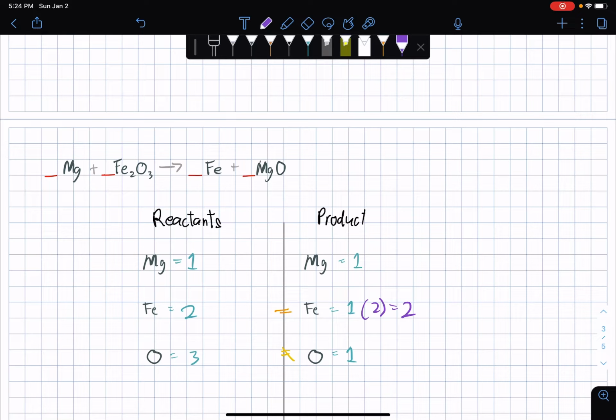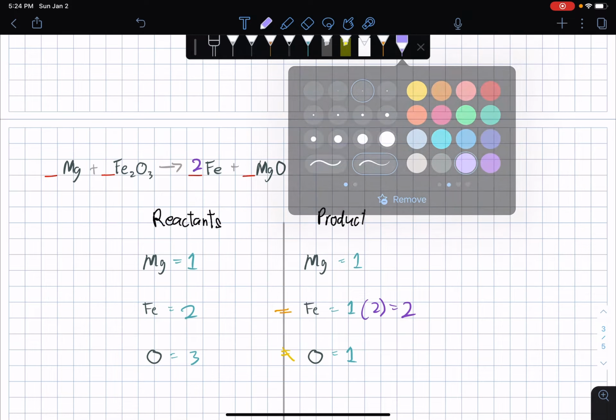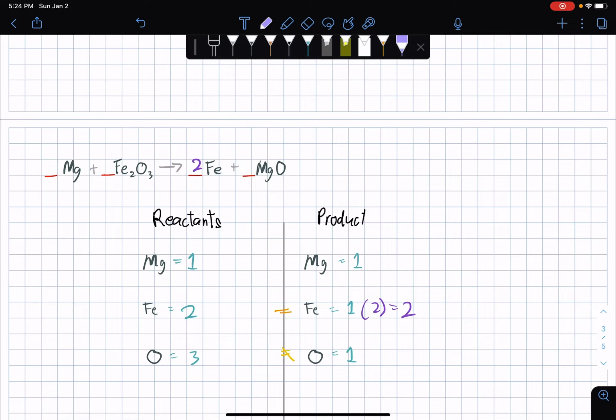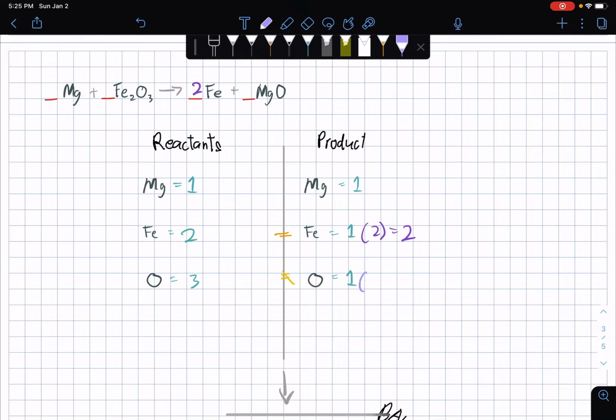And provided that the product side will place 2 Fe, the other side will just place it as is. Now for oxygen, to balance them, we should acknowledge that to get 3, we must multiply 1 with 3.